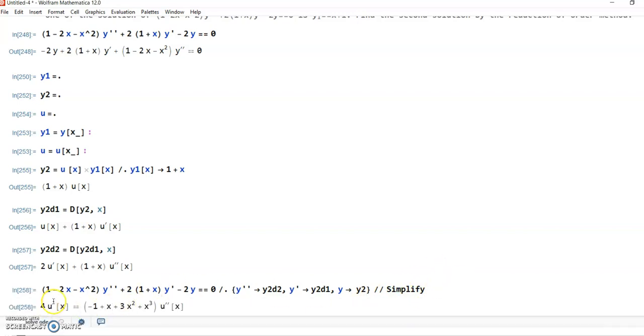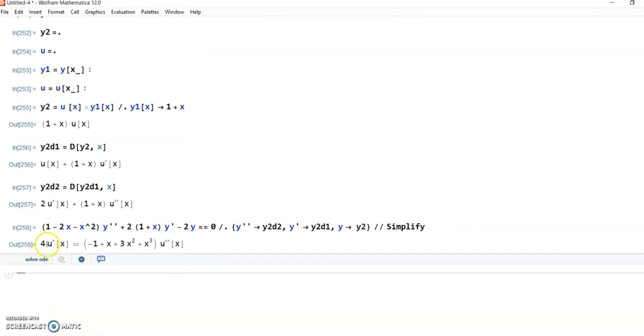After doing this command, I will get this equation, in which I have got u double prime and 4u prime.